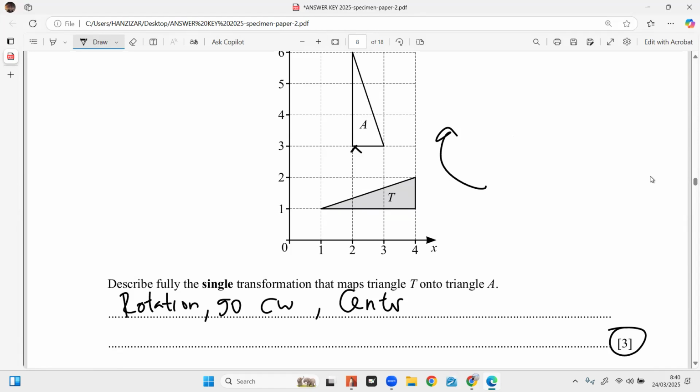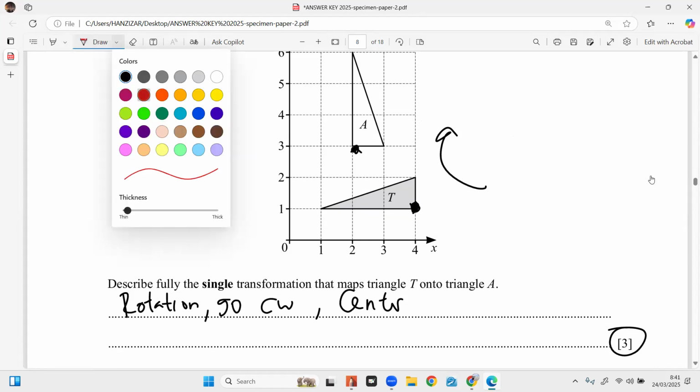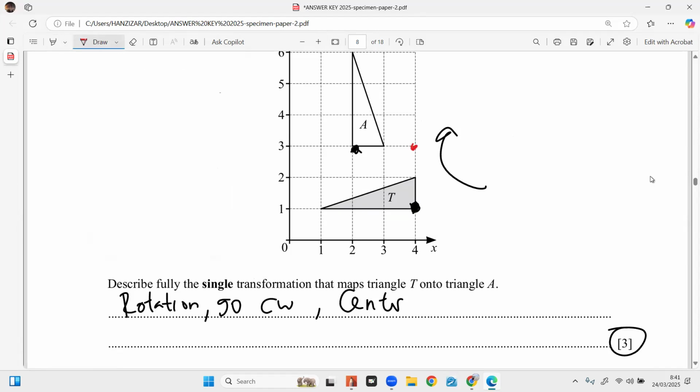So focus here, from here to here. Find the 90-degree, and you can see it clearly for 3. From here, 90-degree. It also applies on the other points. Okay, guys, next.